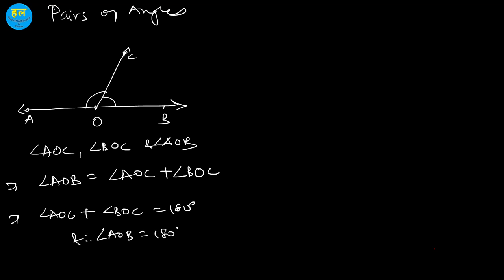They are called a linear pair of angles. Okay, and since angle AOB is making 180 degrees, we get our first axiom 6.1.